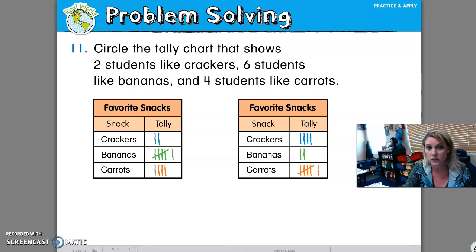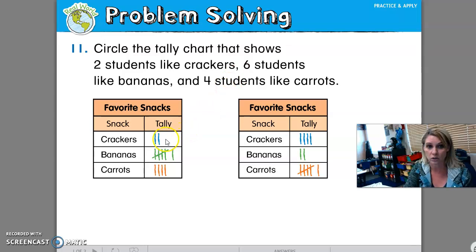On this, let's look at it. Circle the tally chart that shows 2 students like crackers, 6 students like bananas, and 4 like carrots. So if I look at the very first prompt that it gives me, 2 students that like crackers.